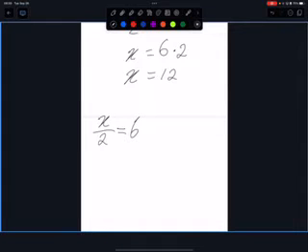The problem is, I have something, and when I divide that something by 2, that is 6. So how do I get to that something? I have to divide a number by 2 and that equals 6. So what do I do? I multiply the denominator with the answer.